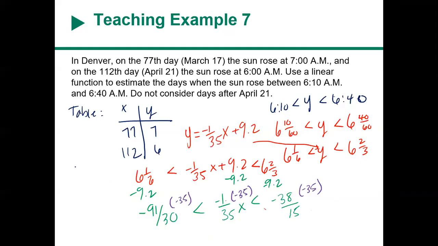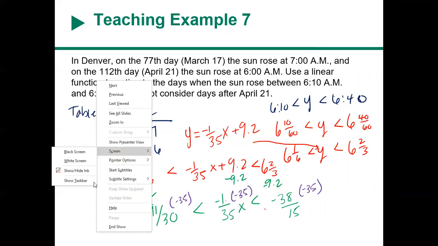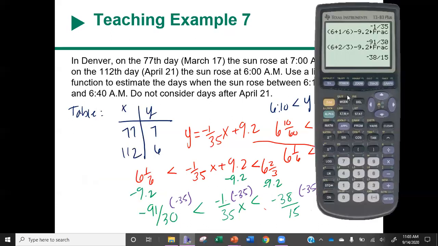I'm going to go back to my calculator. So here, I have that one already in here. If I type multiply by negative 35, and I want it in fraction, so I'm going to hit math, enter, enter. And it says you have 266 divided by 3. That's one of them. And then I'm going to do negative 91 divided by 30 times negative 35.